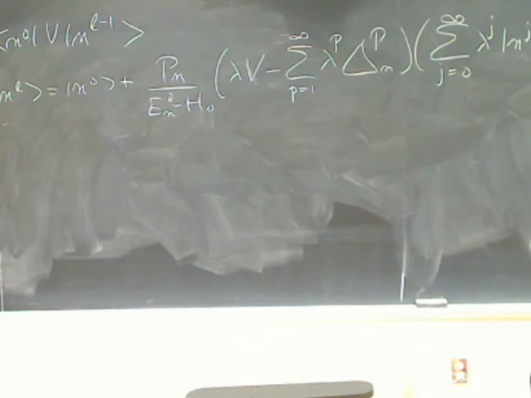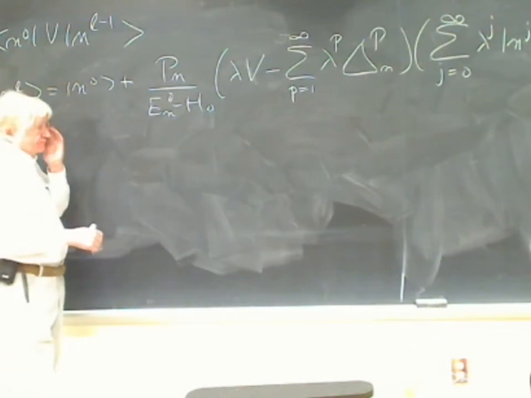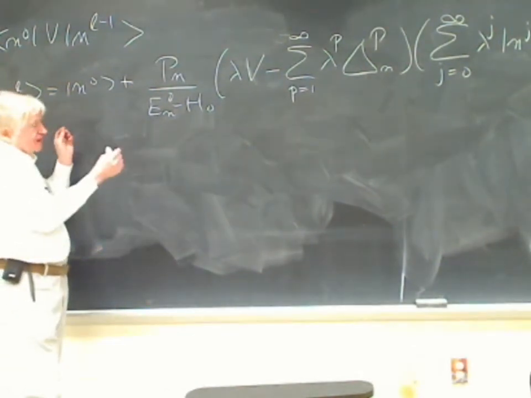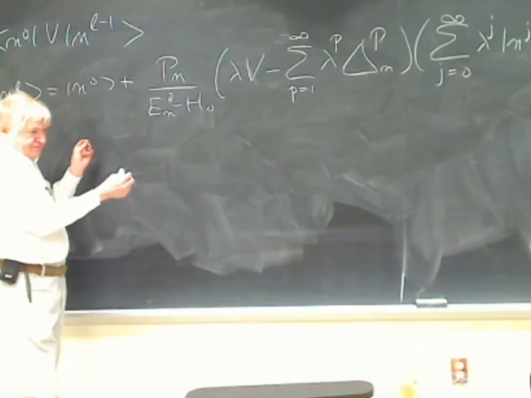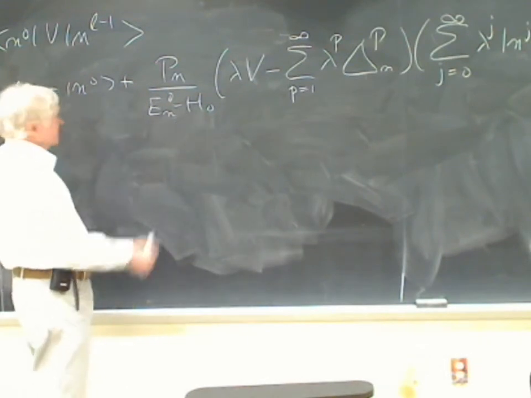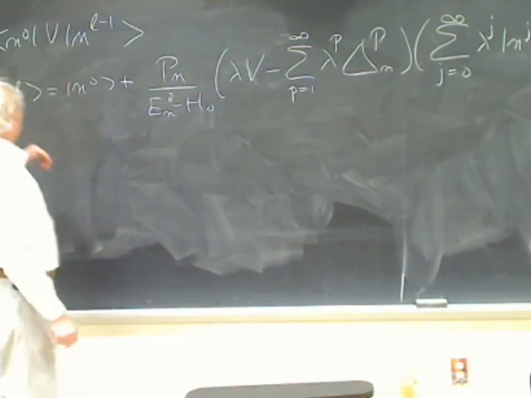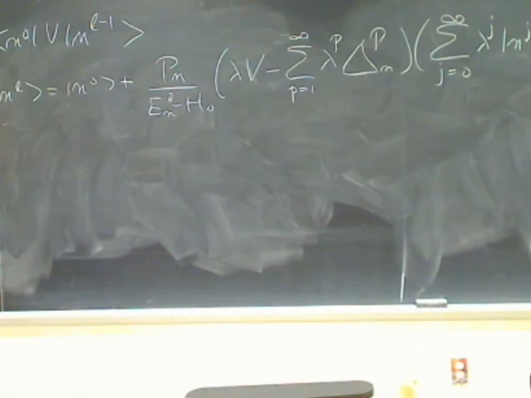Now, in fact, it's just a matter of requiring that the coefficients on each side match. In other words, what we get out of this effectively is an infinite set of equations, one proportional to lambda to the 0th power, then lambda to the first power, lambda to the second power, lambda to the third power.